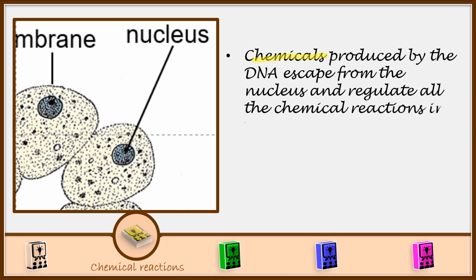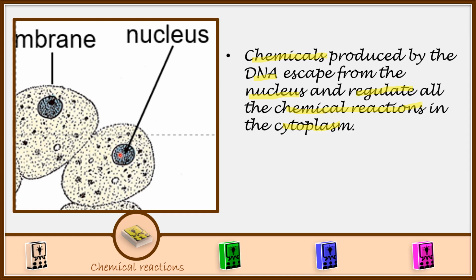Chemicals produced by DNA escape from the nucleus and regulate all the chemical reactions in the cytoplasm. So, in the nucleus, we have a substance called DNA. And this substance DNA determines or controls which type of cells are going to be produced.